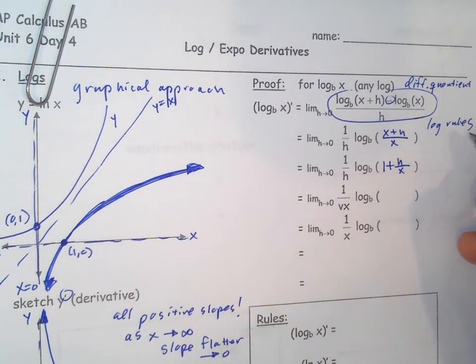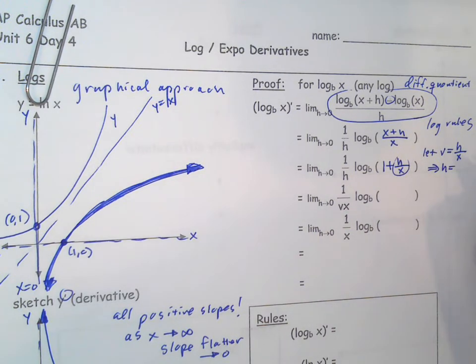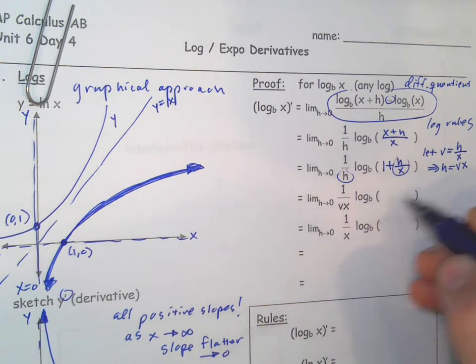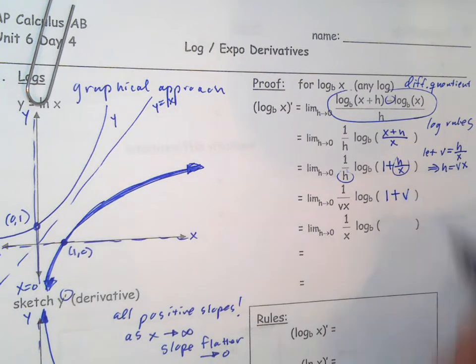I want to do something that'll help us see what's going on. Let's introduce a new variable, v, which is h over x. And therefore h is going to equal vx. So whenever you write this, I replace h with vx, and I replace h over x with v, okay?